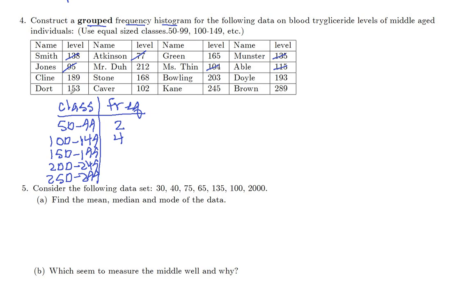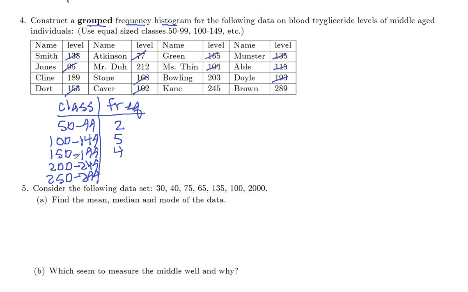150 to 199, 1. Oh, wait. 100 to 149. Looks like I missed the 102. Let's back up here just a second. So we had 1, 2, 3, 4, 5. So frequency 5. 150 to 199, 1, 2, 3, 4.